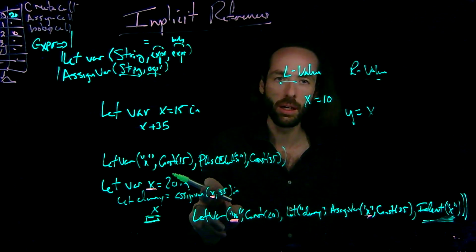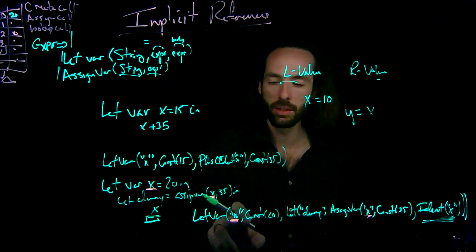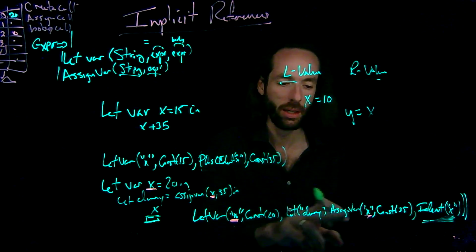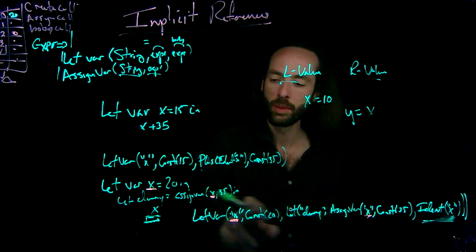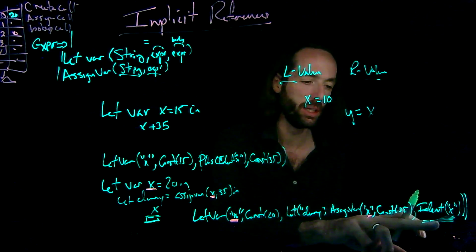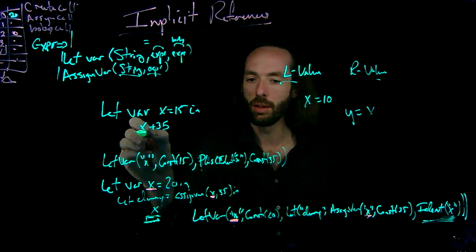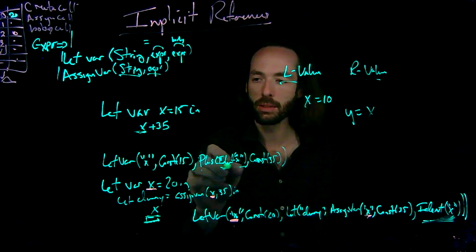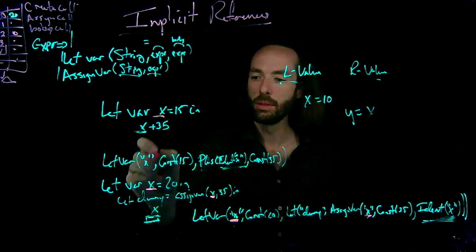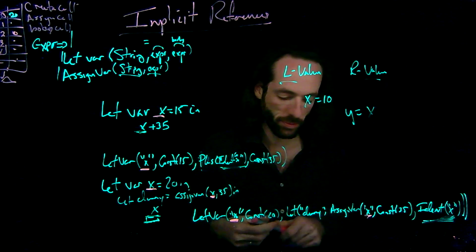So these pink ones are L values because they're generally being assigned to, and we can sort of tell the difference in our abstract syntax because x's, they're just strings, while the R value over here relates to an ident. We can see the same thing over here, right? So here we have an R value, we have an ident of x, and here we have an L value, which is just plain old x in a string.